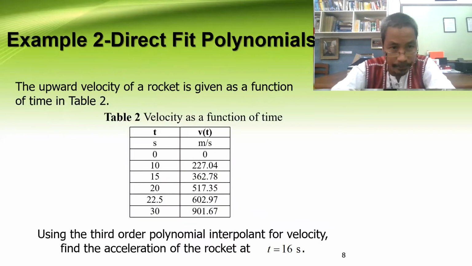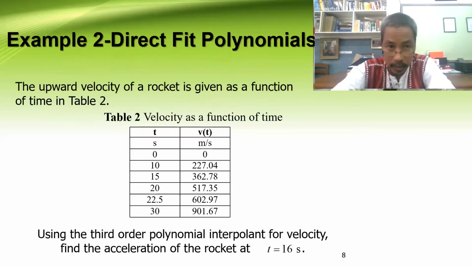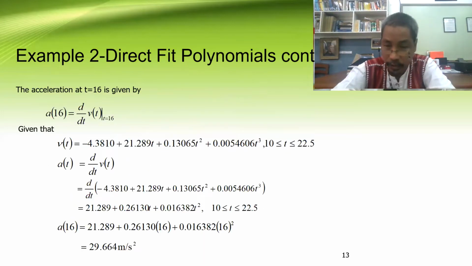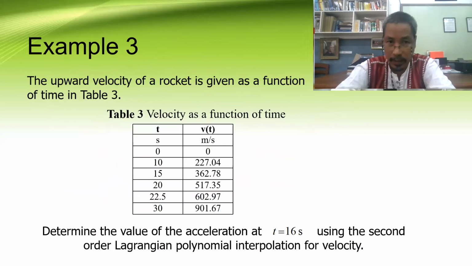The answer is 30.914. Answer for direct fit method is 29.664. So our answer is 29.7 meter per second squared. I think this is nearest to the true value. You can find the error, which one is the best method.